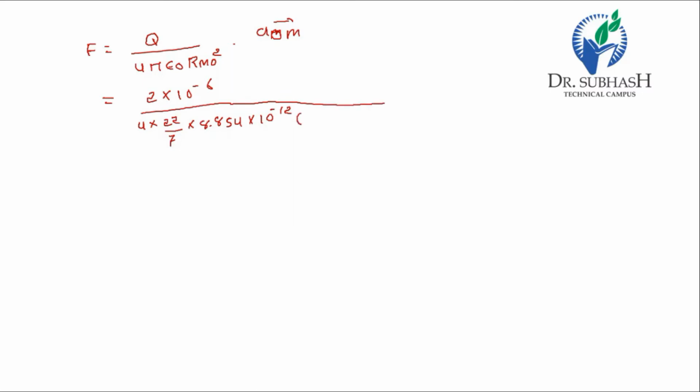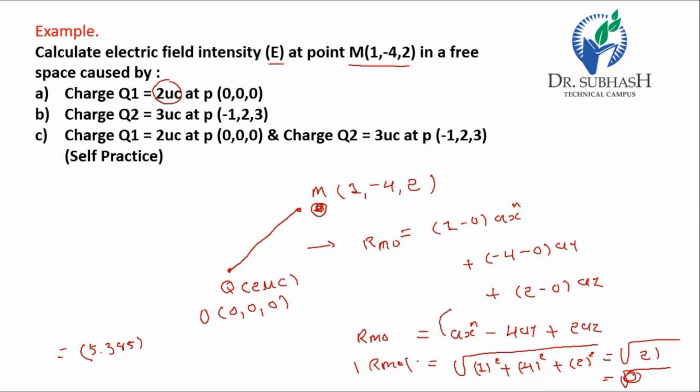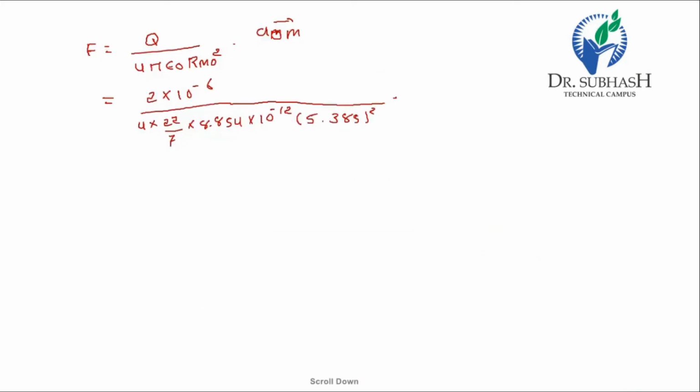The value of RMO is 5.385 square, and the AMO direction means this vector divided by the magnitude of it, so it is the 3AX minus 4AY plus 2AZ divided by 5.385.